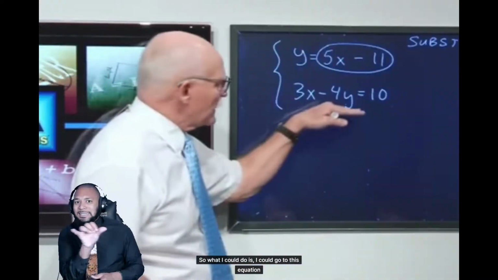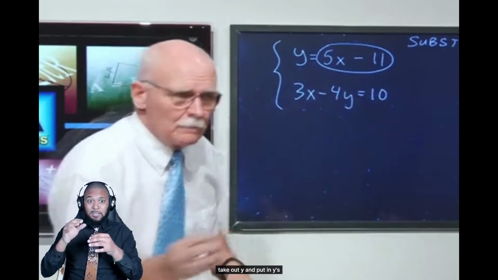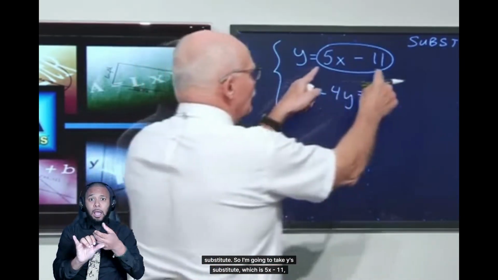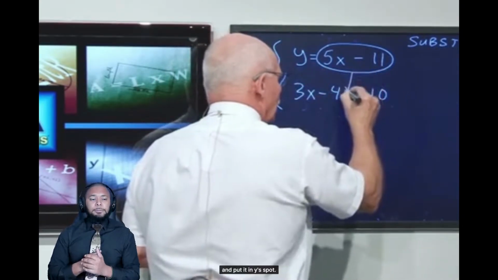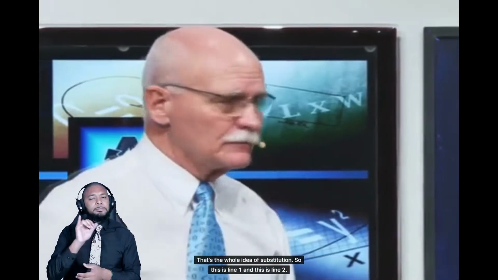So what I could do is go to this equation, take out y, and put in y's substitute. So I'm going to take y's substitute, which is 5x minus 11, and put it in y's spot. That's the whole idea of substitution.